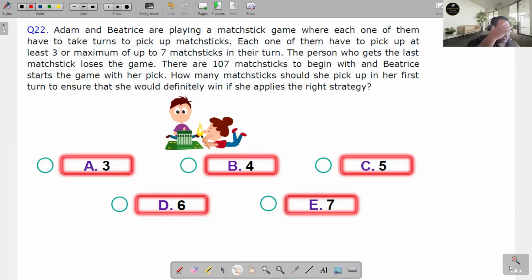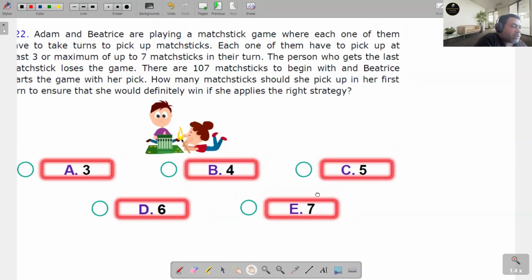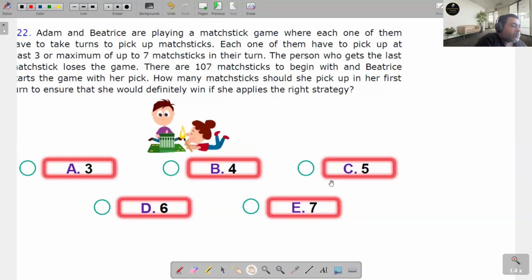All right, let's understand this. The strategy is to look at the number of matchsticks one person can pick up. The number you can pick up is either 3, 4, 5, 6 or 7.